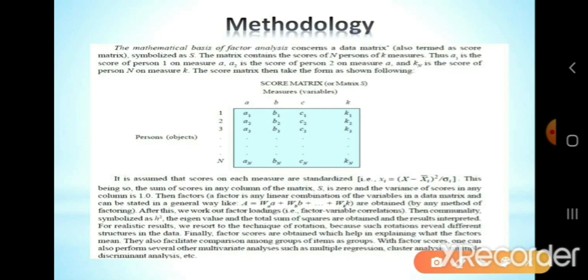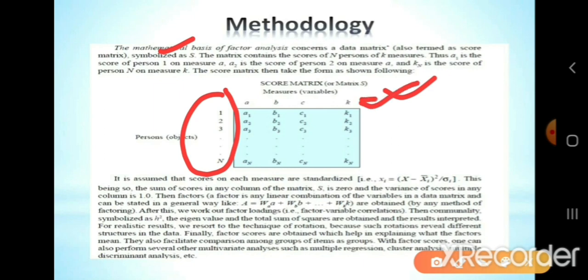Next, the methodology. The mathematical basis of factor analysis is the data matrix, which is also called the score matrix. The score matrix is represented by S. This matrix contains the scores of n persons on k total measures.